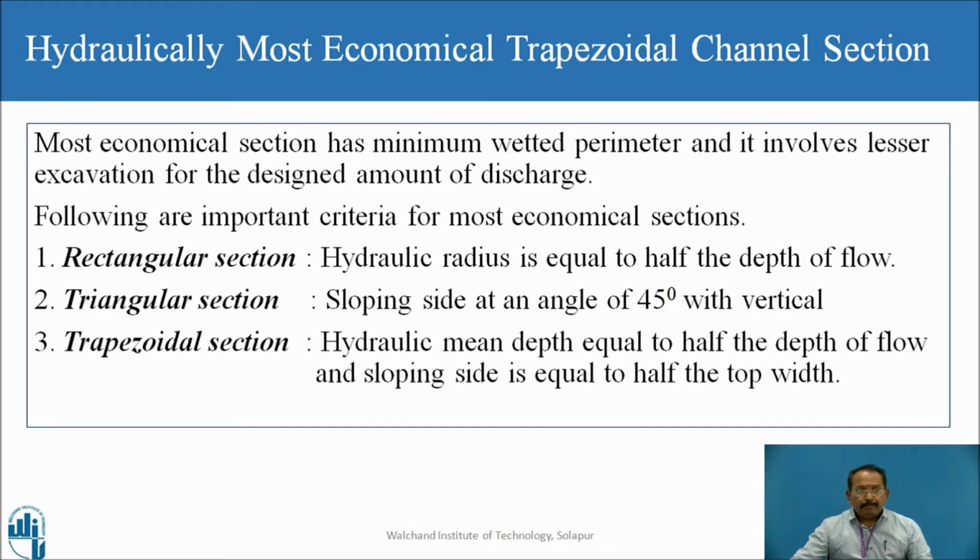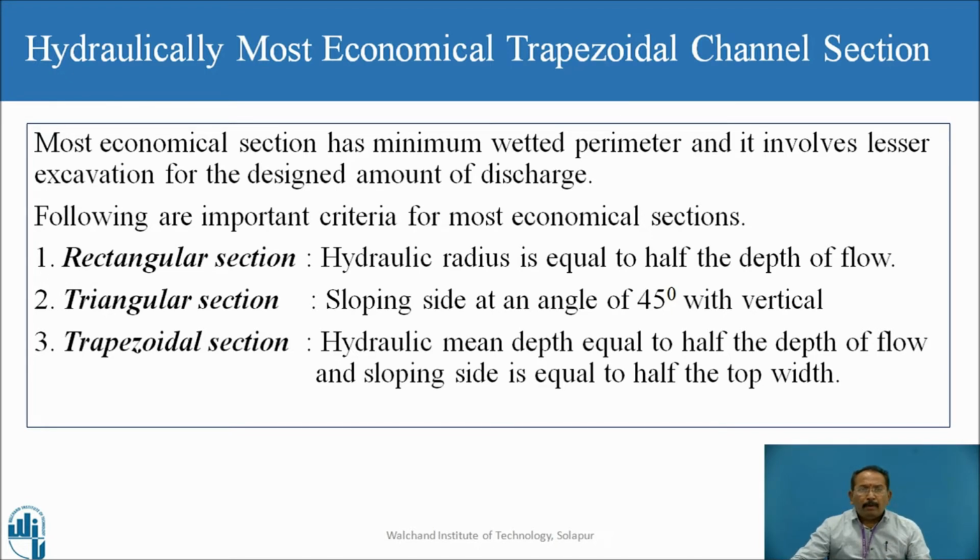Many times we see a huge excavation, and it is seen that the discharge is not meant for that particular cross section. So unnecessary excavation is there. The best suited definition is that for the least cross section there is a maximum discharge.